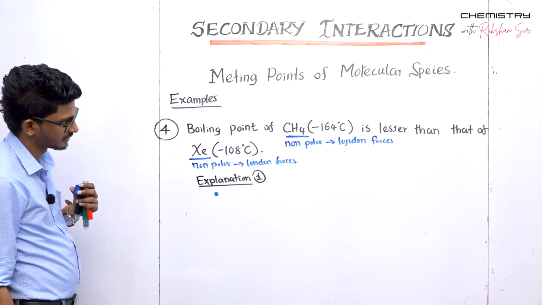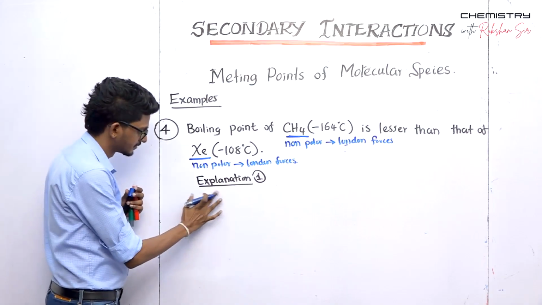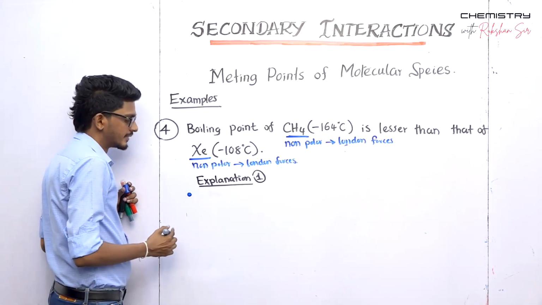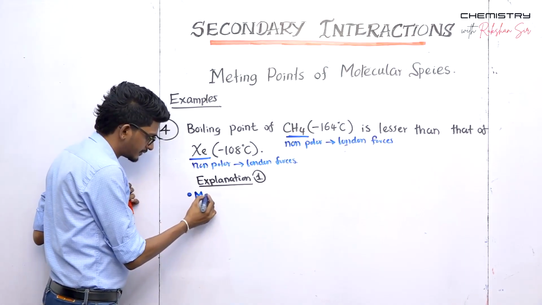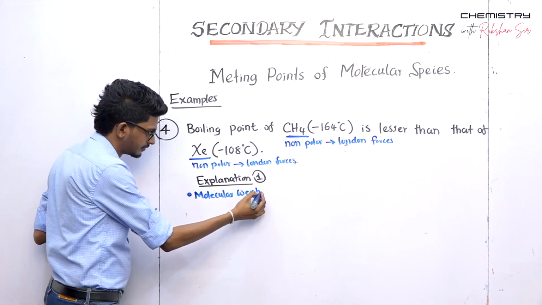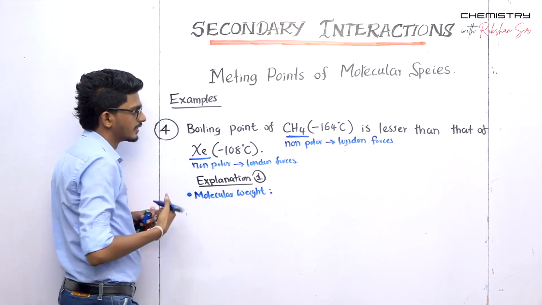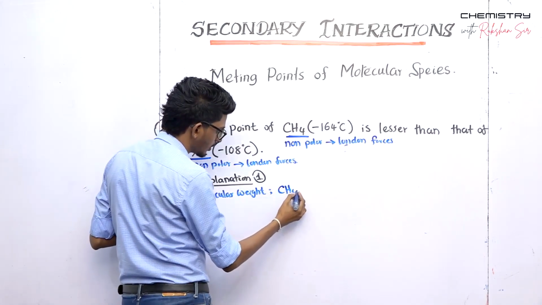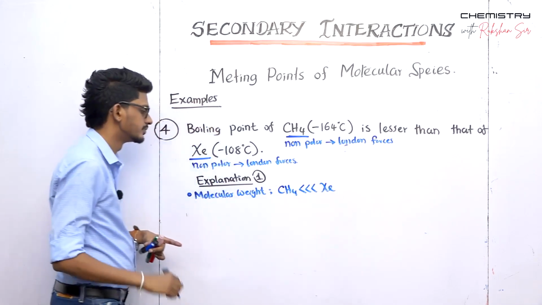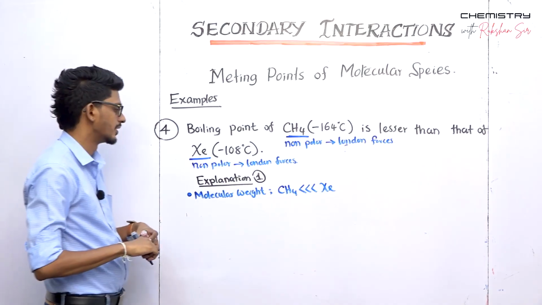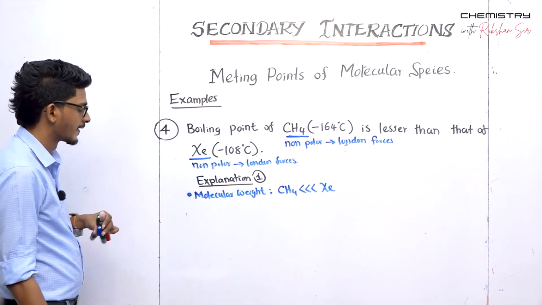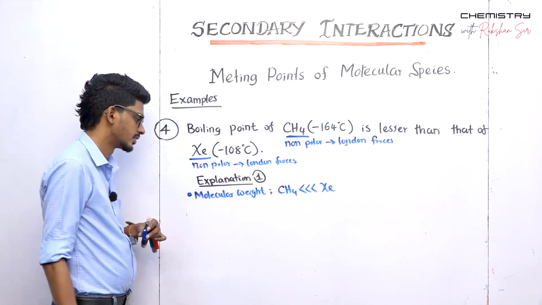Because CH4 is very, very small compared to xenon. Xenon appears at the 6th or 7th row, at the bottom of the periodic table, so it has a greater mass.